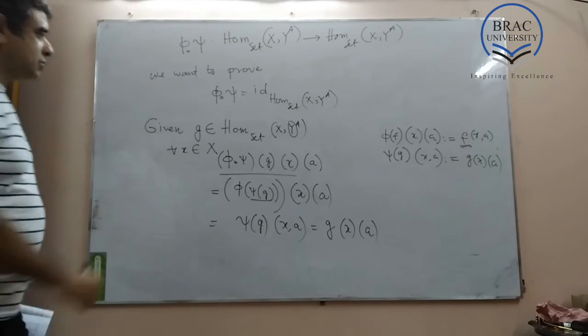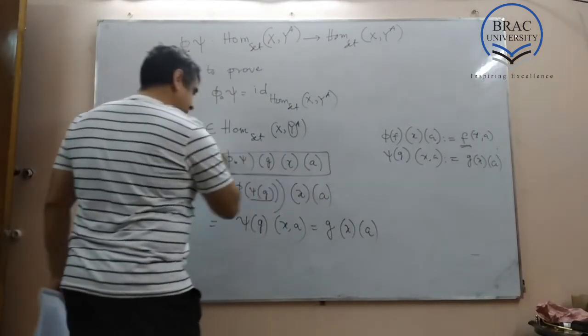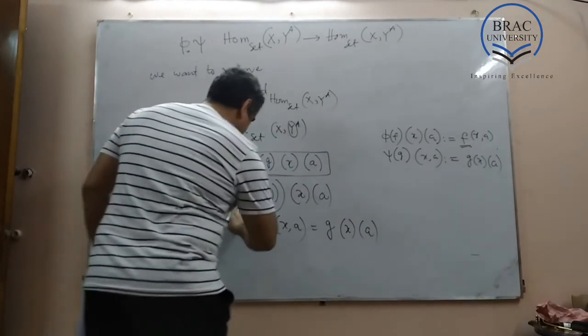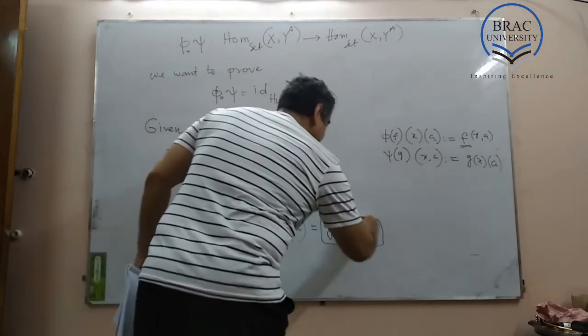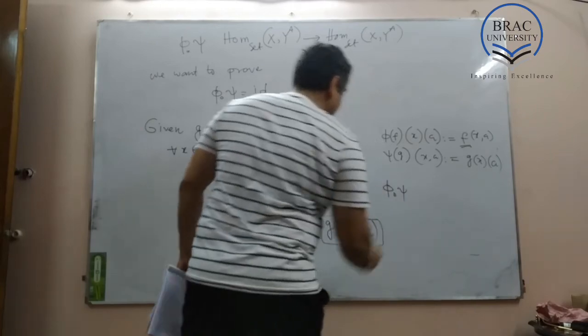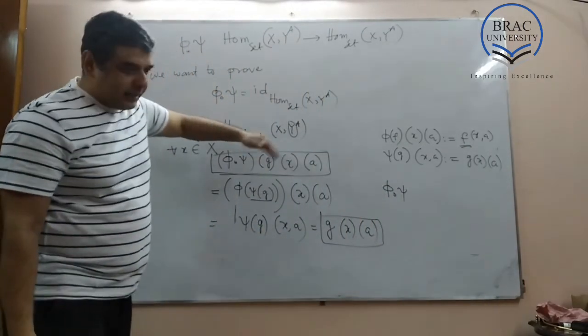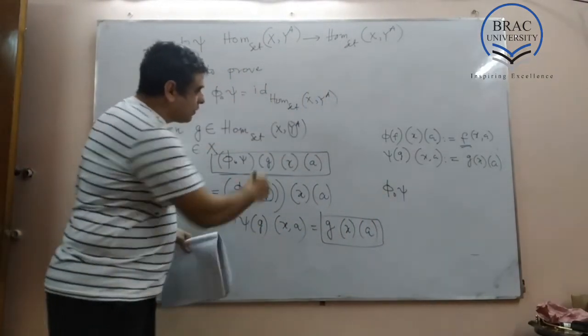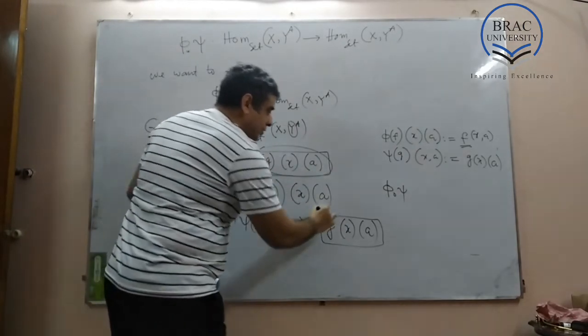Okay? So using this line and the last line, we conclude that phi of psi is nothing but an identity map because it leaves this g of x of a unaltered.